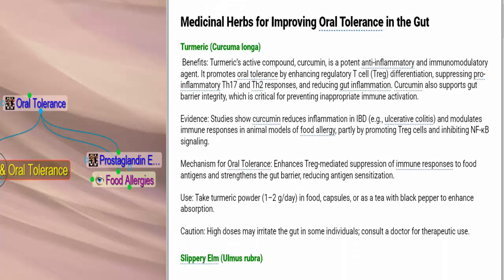So turmeric, curcumin, as a potent anti-inflammatory and immunomodulatory agent, promotes oral tolerance by enhancing regulatory T-cell differentiation, suppressing pro-inflammatory T helper cell 17 and Th2 responses, and reducing gut inflammation. It supports gut barrier integrity, crucial for preventing inappropriate immune activation.